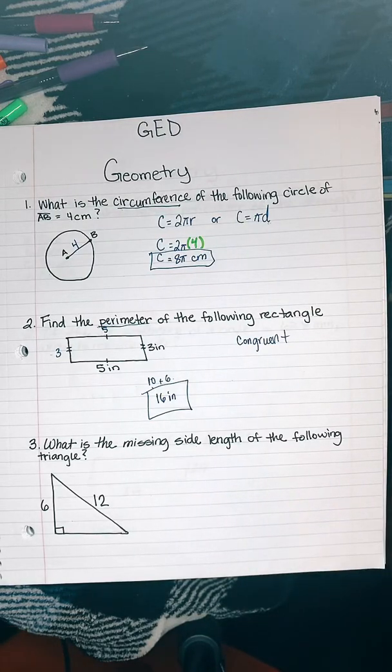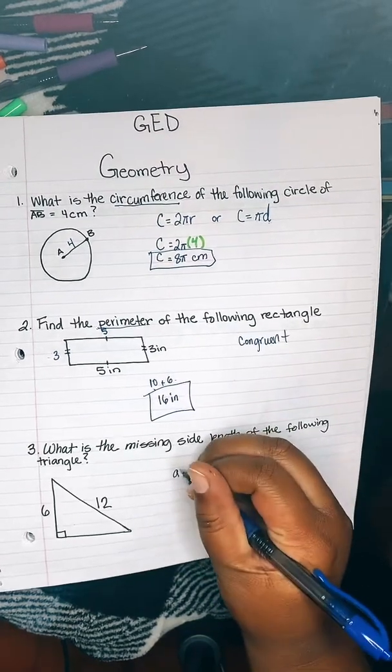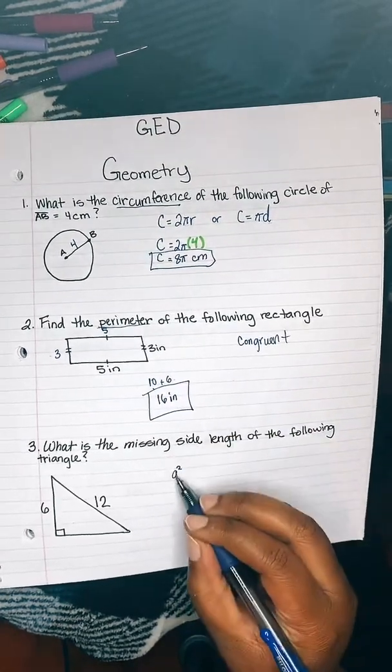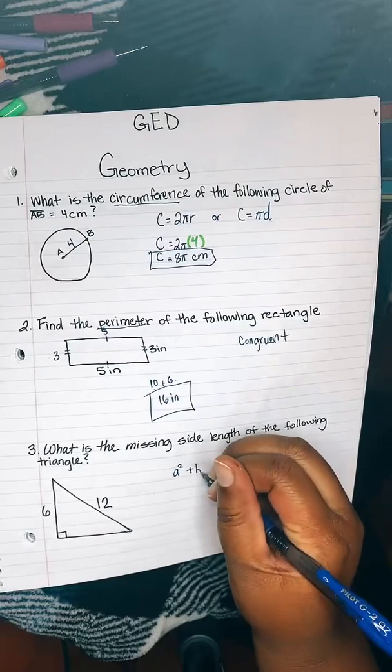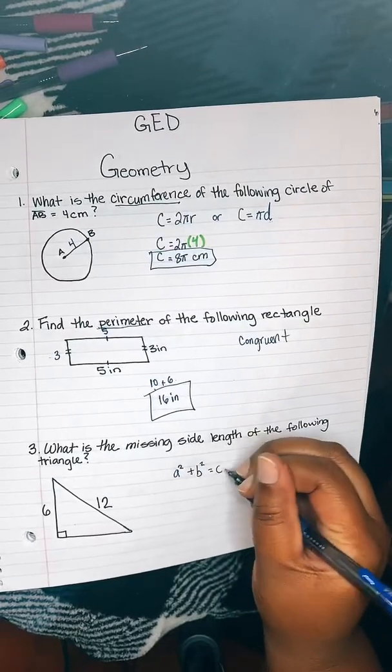Yes, Pythagorean theorem. Perfect. So a squared, don't forget those 2's, plus b squared equals c squared.